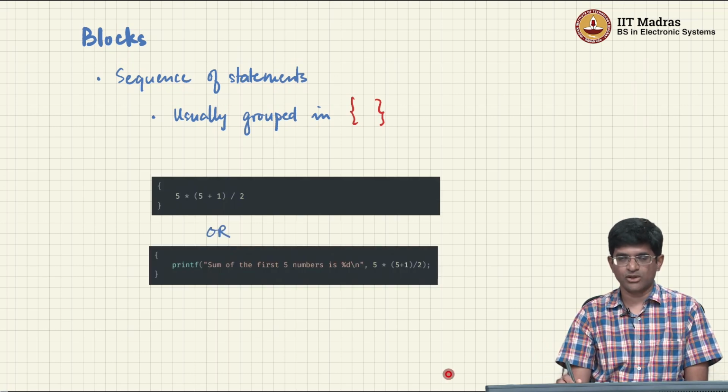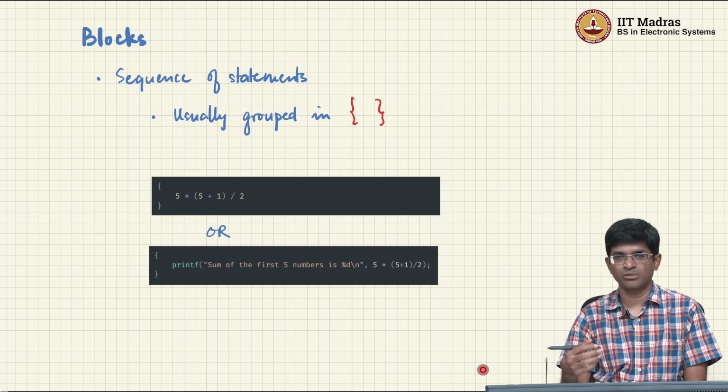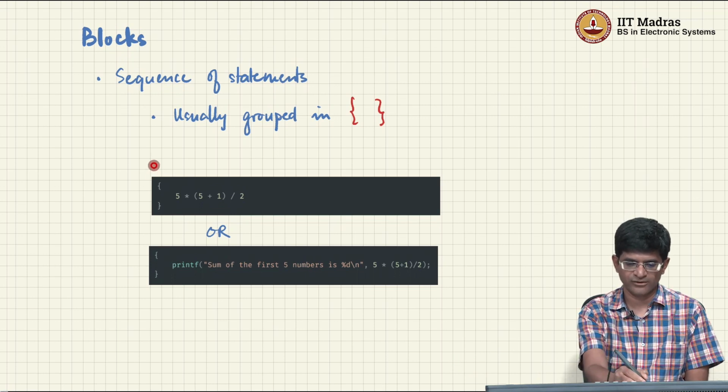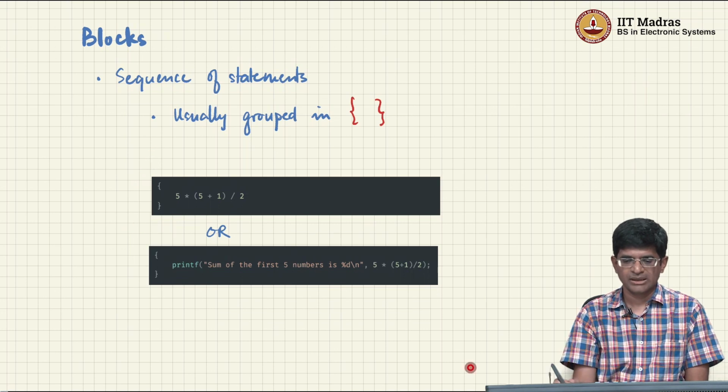Now in the context of the program that we were looking at earlier, which was basically printing the 5 printf statements that print out the sum of the first 5 numbers, the first 8 numbers, and so on, possibly I might think that maybe that formula 5 into 5 plus 1 by 2, can I extract that out as a separate block of code, okay. So I could think of just taking that part out as a separate block of code. This by itself does not look particularly useful, right. I mean, why would I do something like that?